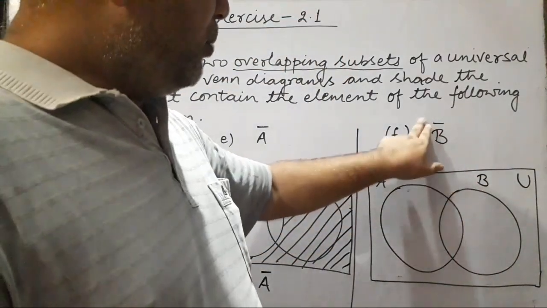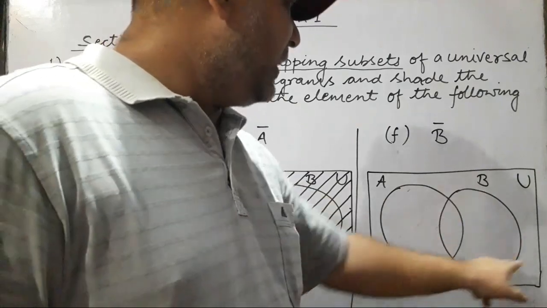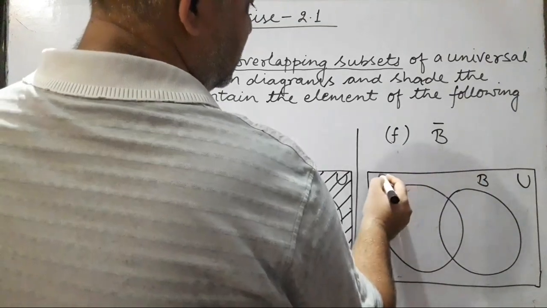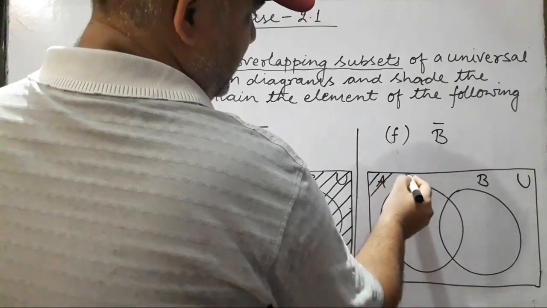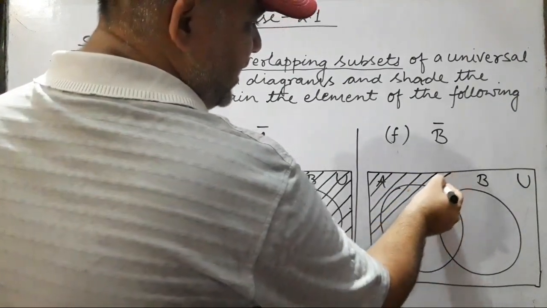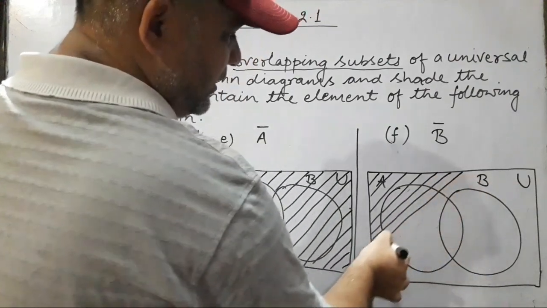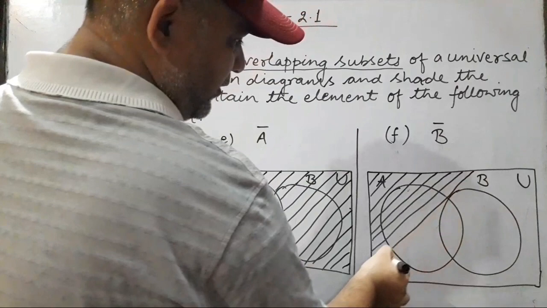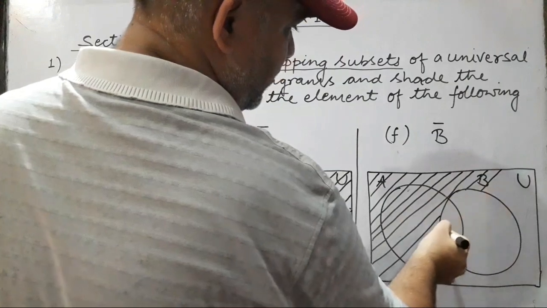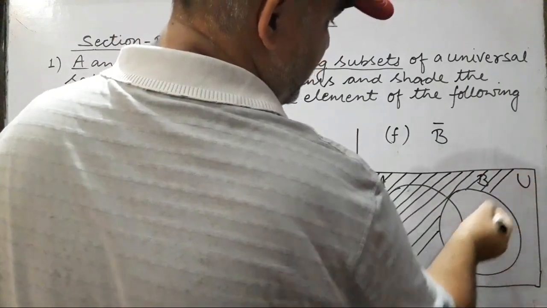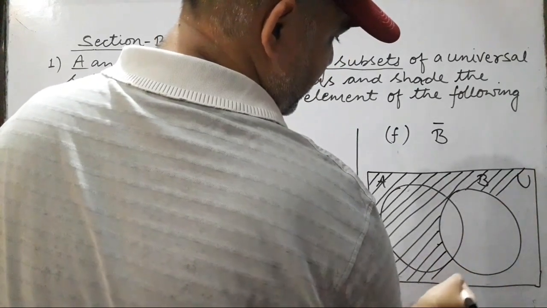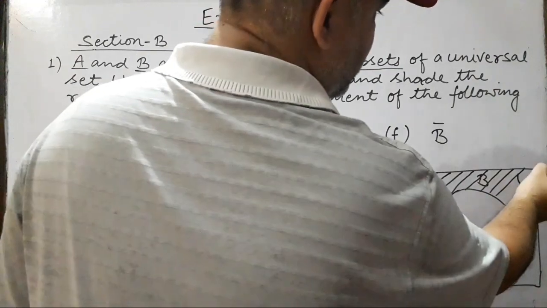Now, B complement means the elements which do not lie in B. These elements do not lie in B, that is except B. Shade all the part except B. Do not go inside B. You can draw this with the help of a scale.